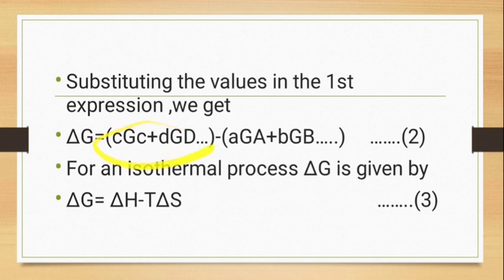The first bracket is for the products and the second bracket is for the reactants: Gibbs free energy of the products minus Gibbs free energy of the reactants. This is our equation number 2.